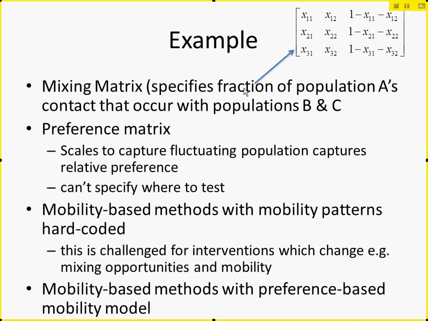So if we wanted to examine the impact of intervening at certain physical places, for example, or of changing people's mobility patterns, for example, by having children stay home rather than going to school to try to stem the spread of infection in schools.